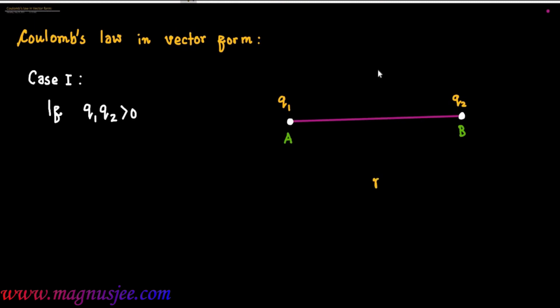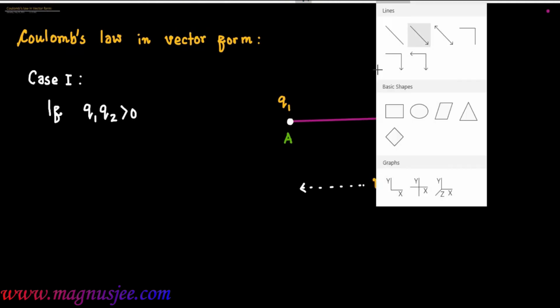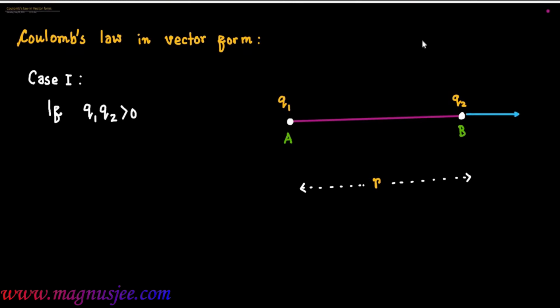We can denote the distance between the two point charges as r. Here q1 and q2 are the two like point charges. q2 experiences an electrostatic force of repulsion due to q1 in this direction, that means towards the right from the point B, away with respect to the other charge q1.